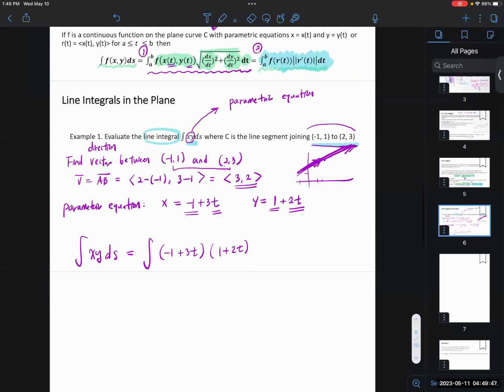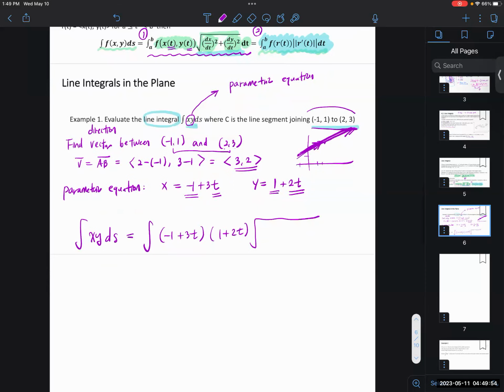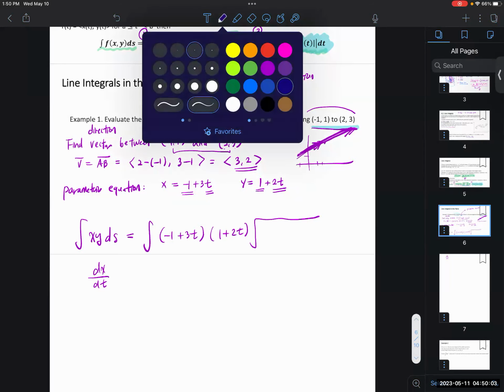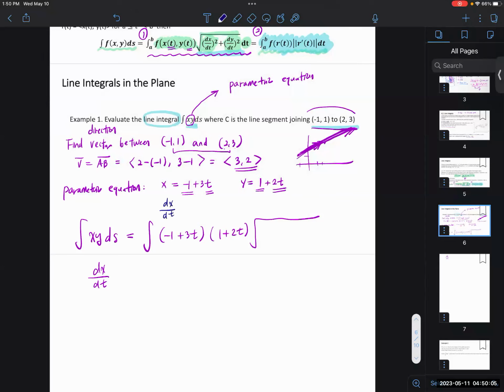And then going up, you're going to evaluate this radical part. You take the derivative, so dx over dt is going to be 3, and dy over dt is going to be 2. So here, 3 squared plus 2 squared, simply, and then you have a dt. That's it.